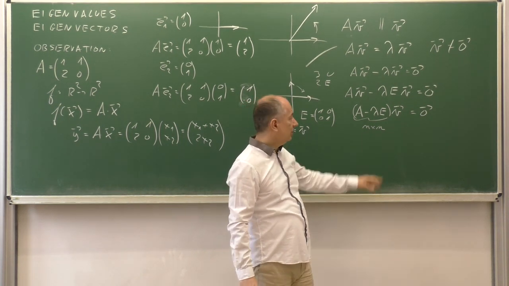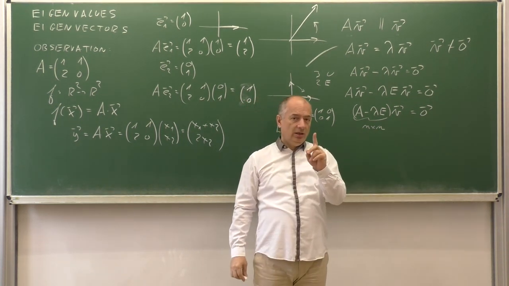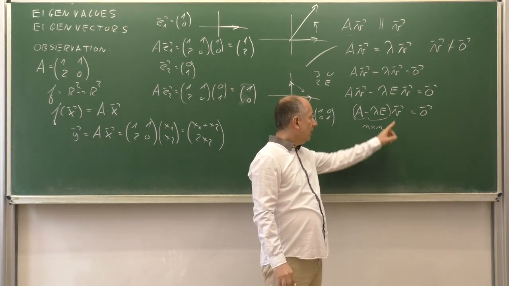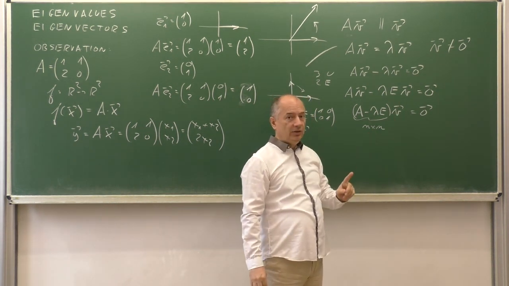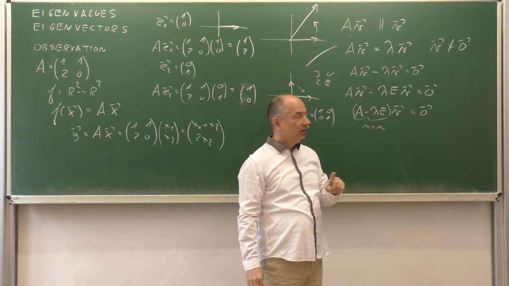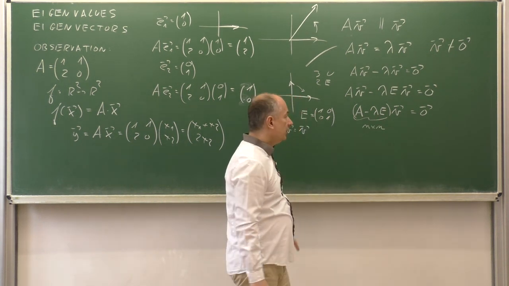Yes, it has non-zero solution, but under one condition. This has a non-zero, non-trivial solution if and only if, do you remember? The determinant of this matrix must be 0.